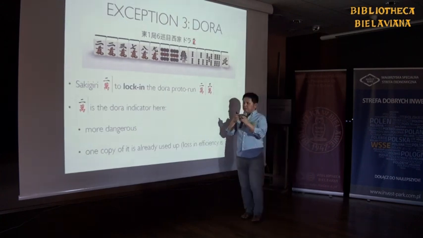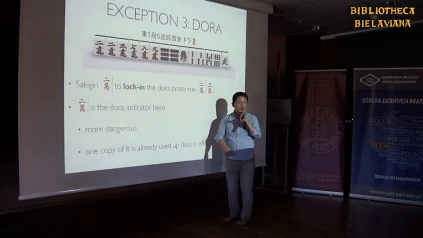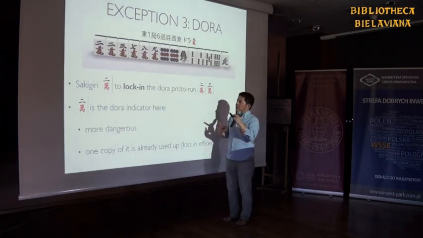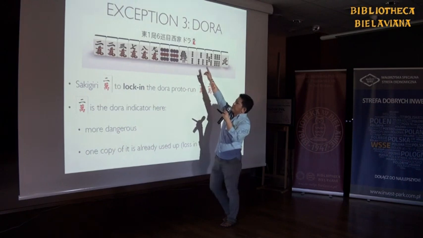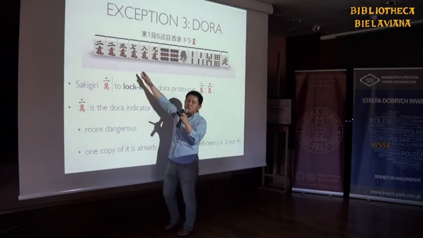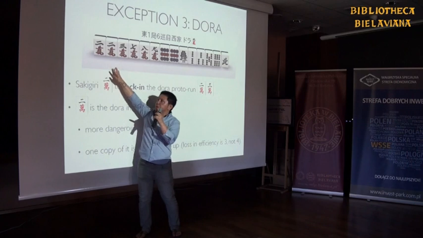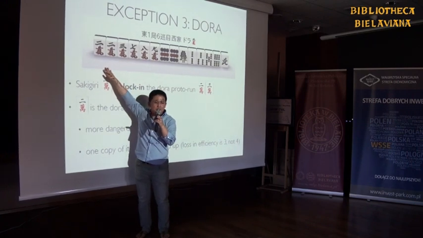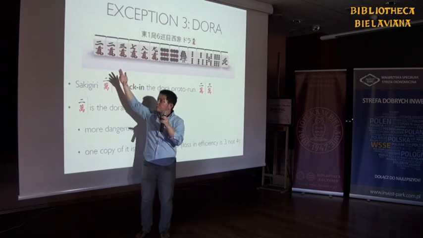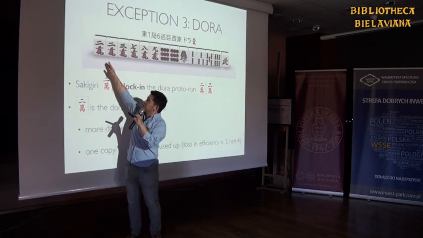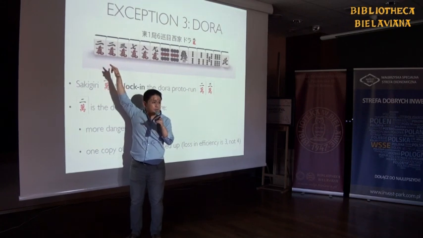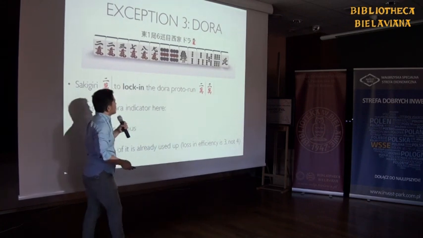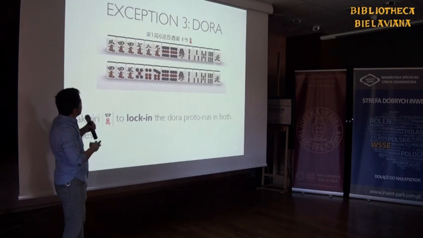The last exceptional situation where sakigiri might be okay is when you want to lock in Dora-related protos, right? Here, Dora is 3 man. You're not going to throw 3 man anyway, so that means 2 man is not going to be the head anyway. So you might better just discard 2 man to lock in this proto with this penchan proto by sakigiri.